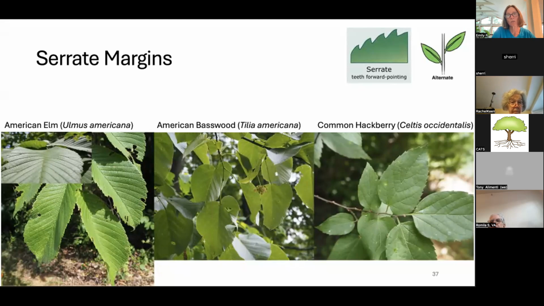And in full disclosure, when I was looking up the elm leaf margins, they range from dentate serrate to doubly serrate. While I was doing the work, I decided to put them here because that was kind of in the middle. And they do seem to be forward pointing to me rather than dentate.